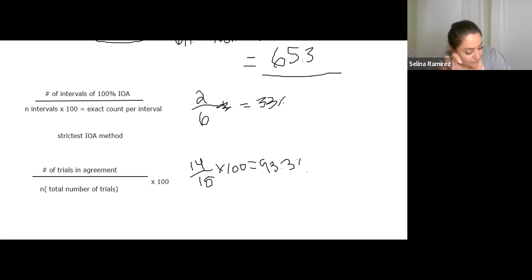So we're gonna divide it by the number of trials and then times it by 100. Okay, so for that one, it would be 9 over 20.